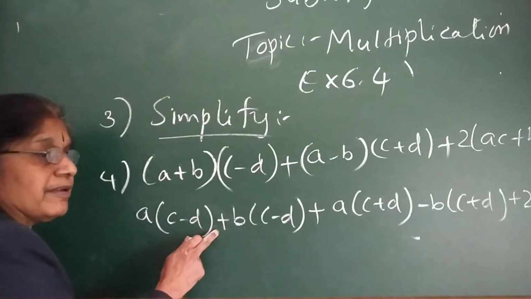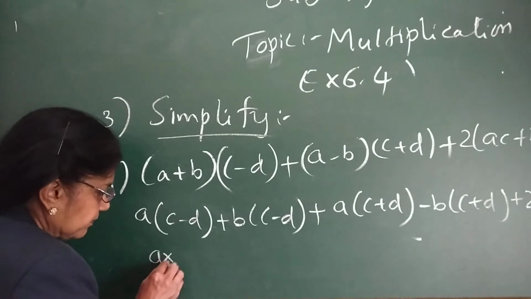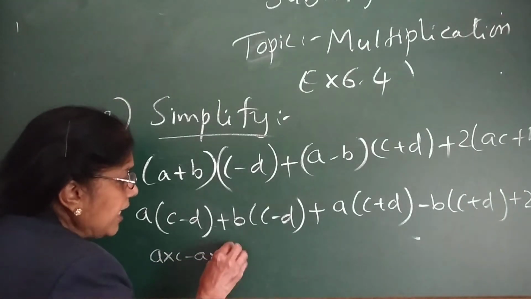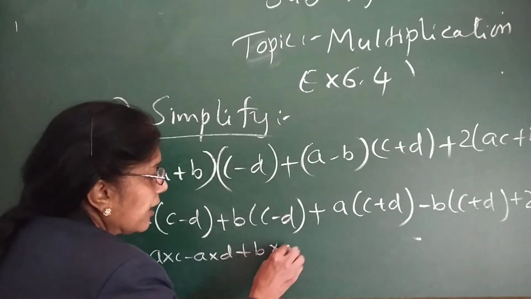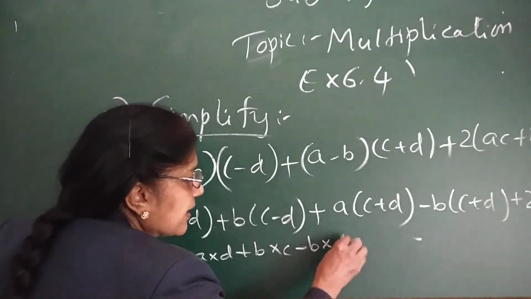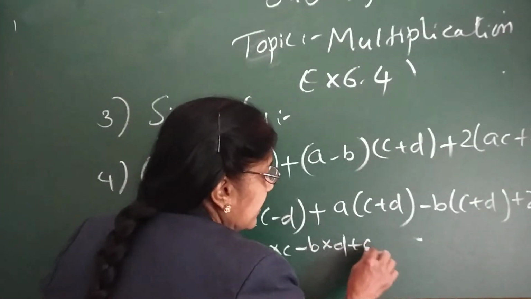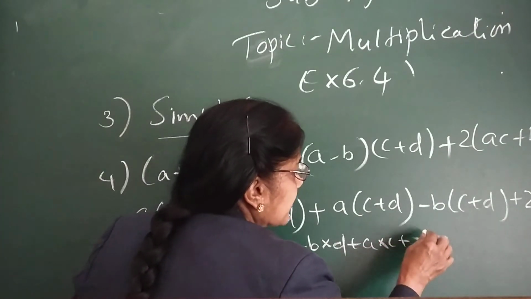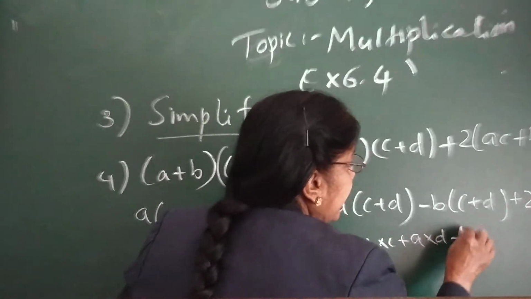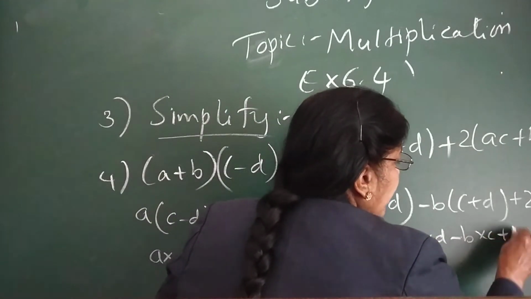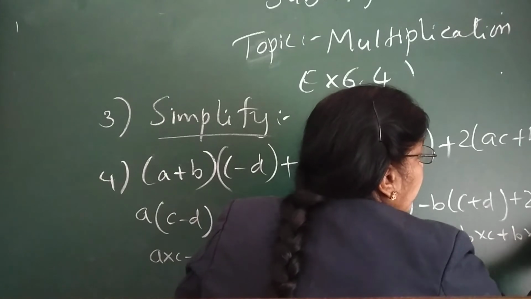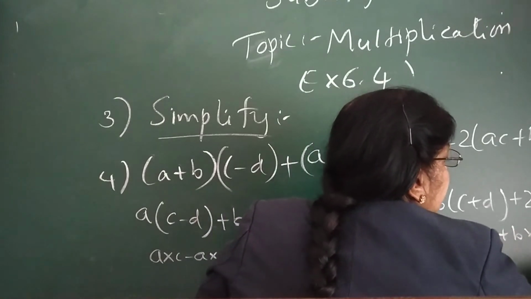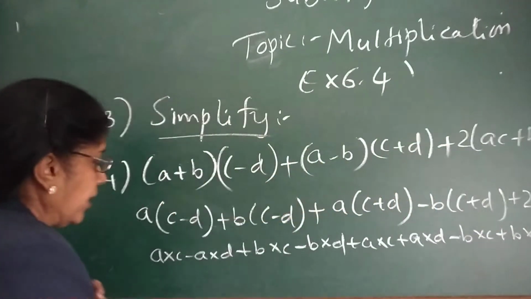Now let us remove from the bracket: A into C minus A into D plus B into C minus B into D plus A into C plus A into D minus B into C plus B into D plus 2AC plus 2BD. Okay.